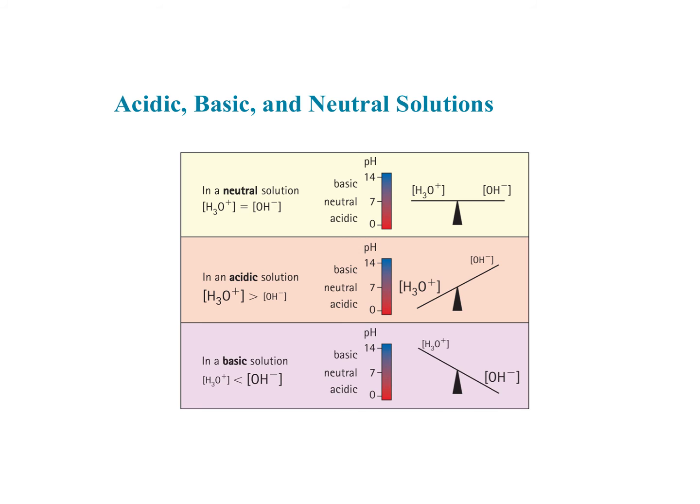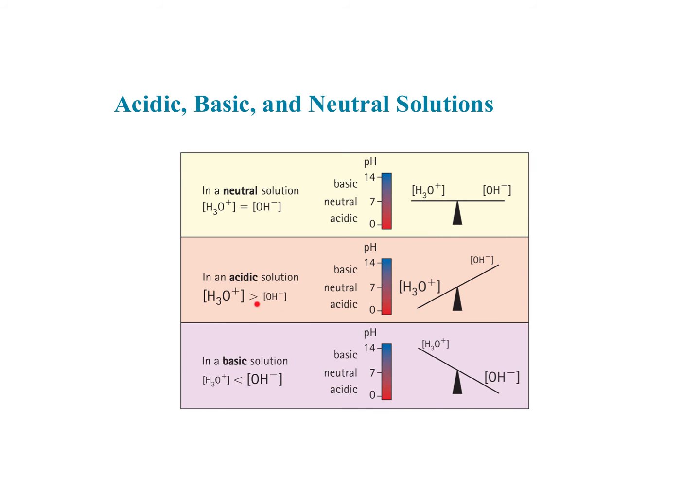So this schematic is showing some of the different scenarios that can happen. Now we've already seen that in a neutral solution, the seesaw is balanced. There's an equal number of hydronium ions compared to the hydroxide ions. But if I add a bunch of hydronium ions, the seesaw will get unbalanced. I've got more of these, and that'll drive the solution to become more acidic. And so in an acidic solution, there's a higher concentration of hydronium ions than hydroxide ions.